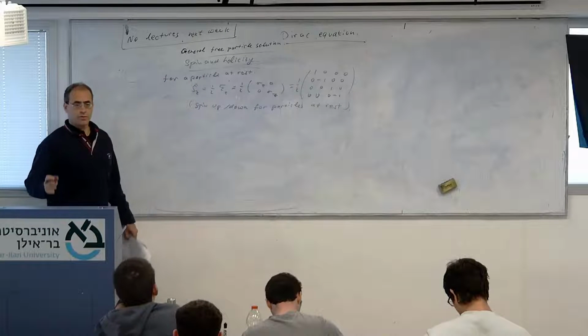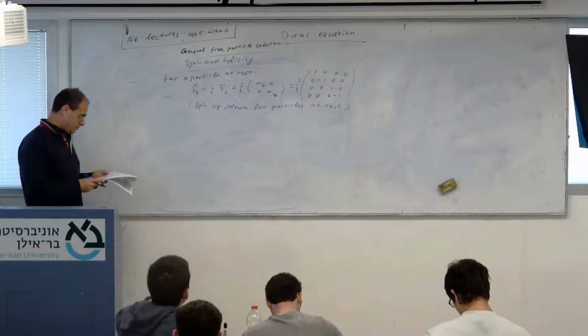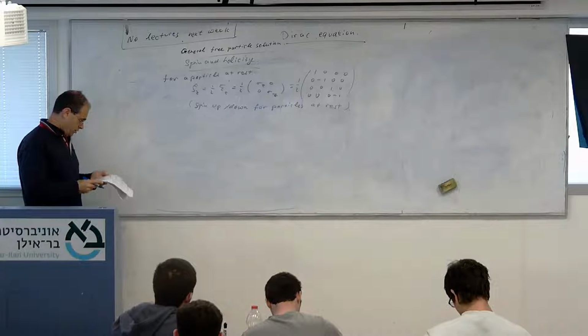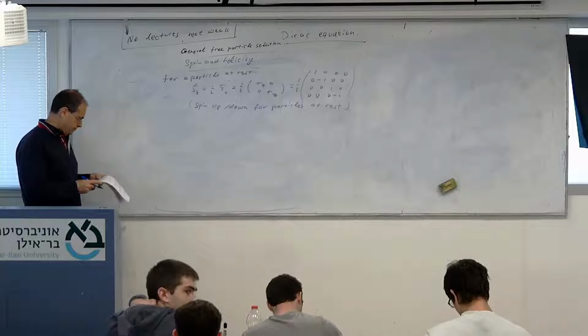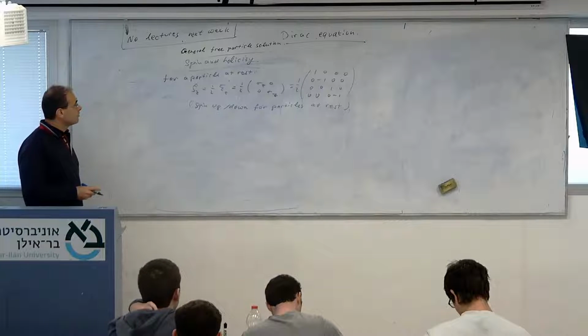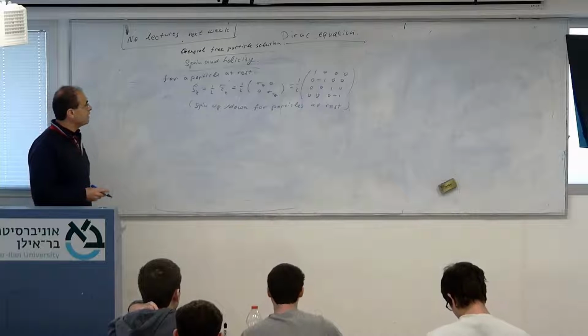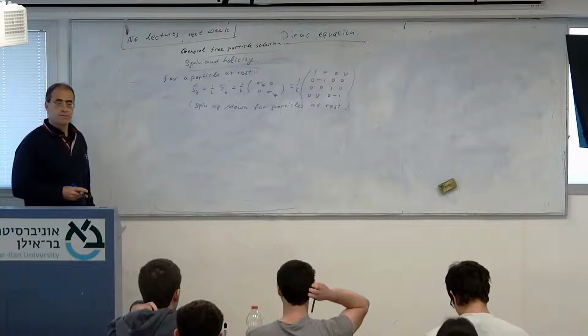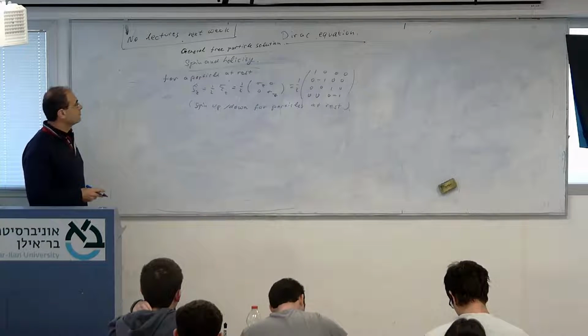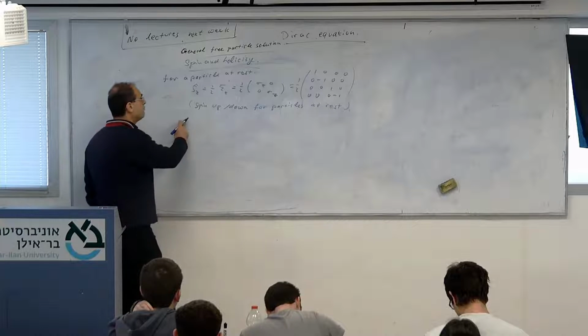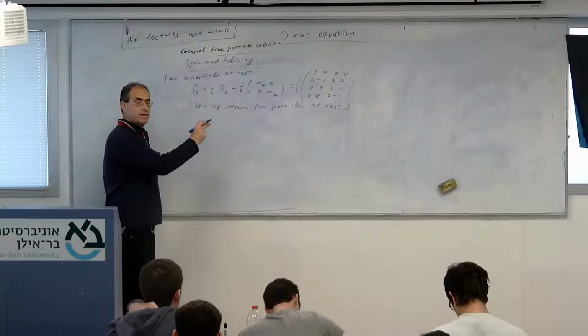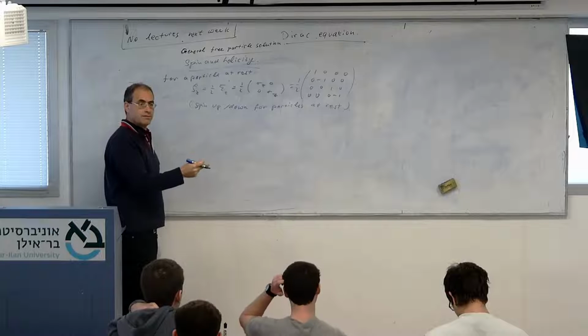Now there was a question that was asked: what happens when the particle is not at rest? Asaf, can you explain that last line you wrote on the board? They represent the spin up and down for particles which are at rest. S_z of psi will give you 1/2 psi.